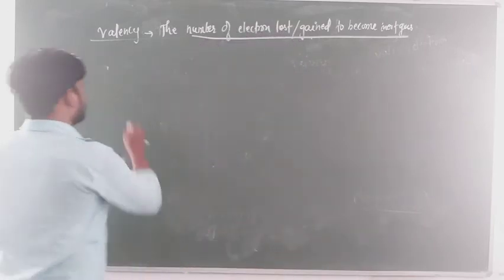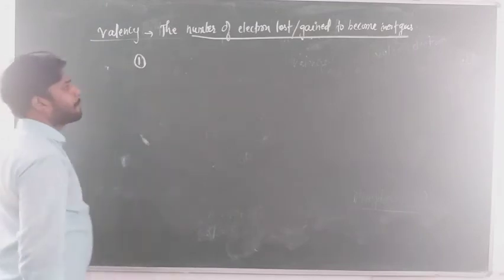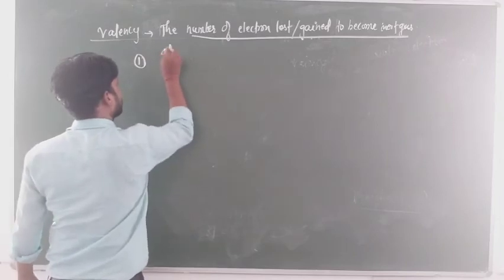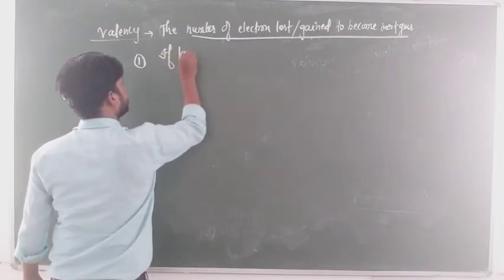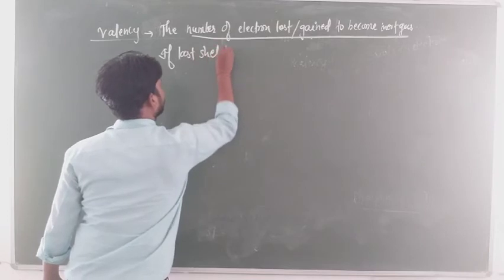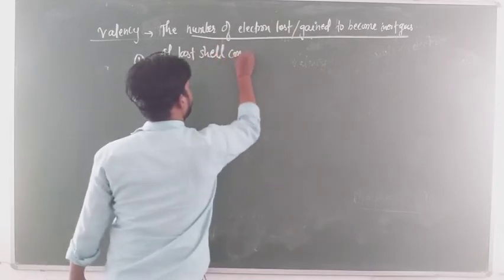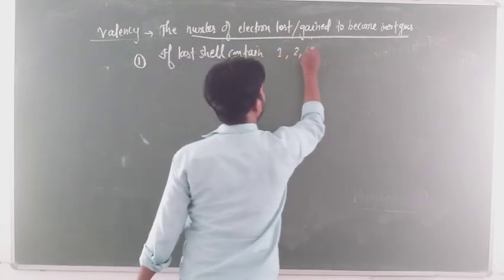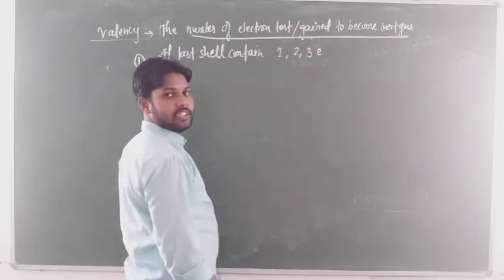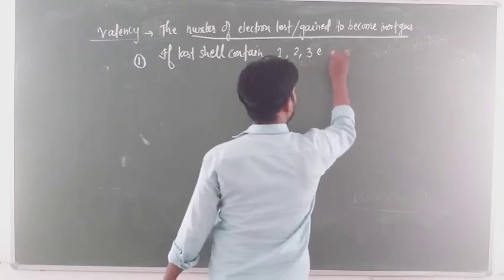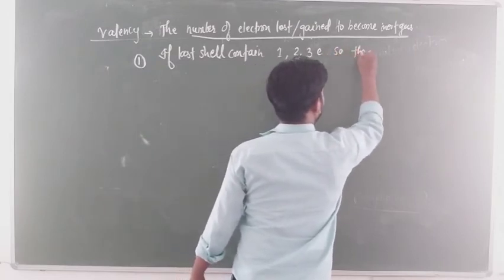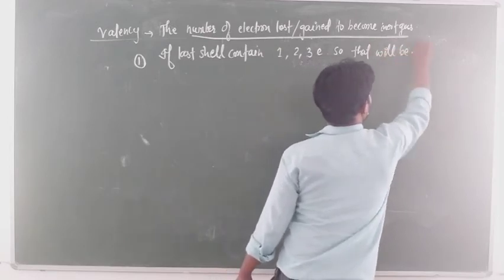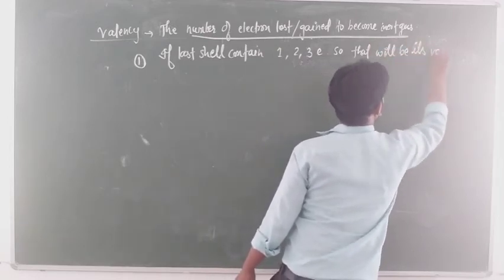See, students, the first rule says that if the last shell contains 1, 2 or 3 electrons, that will be its valency.